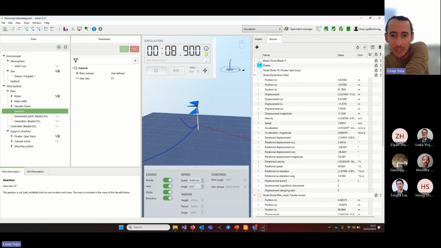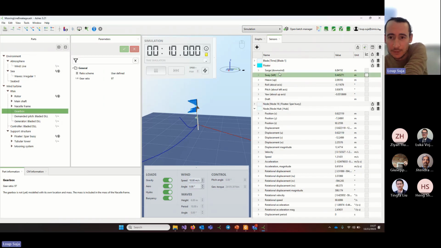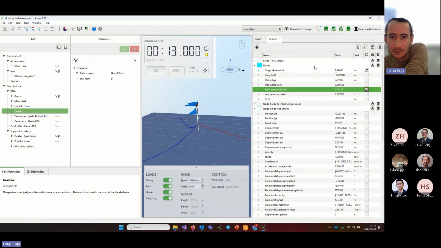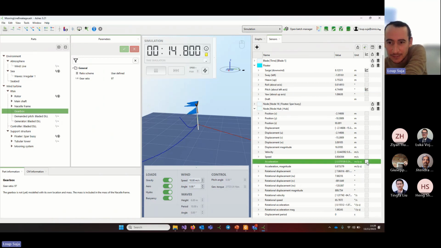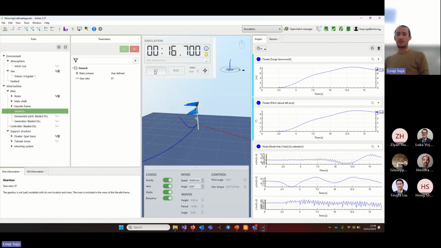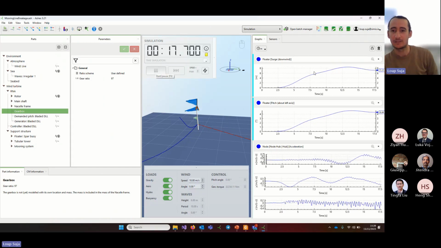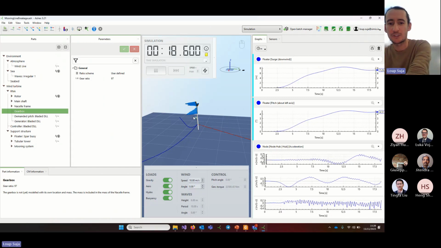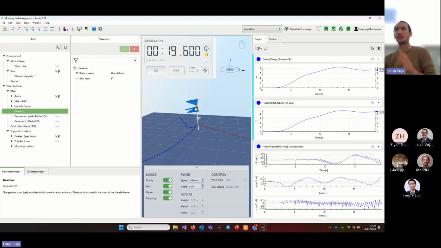And now what we're going to look at is the motion of the floater. I'm just going to add this first and then explain what it is. And the acceleration of the nacelle. Okay, so we have a few graphs here. This one here is telling me how much my wind turbine is moving backwards.